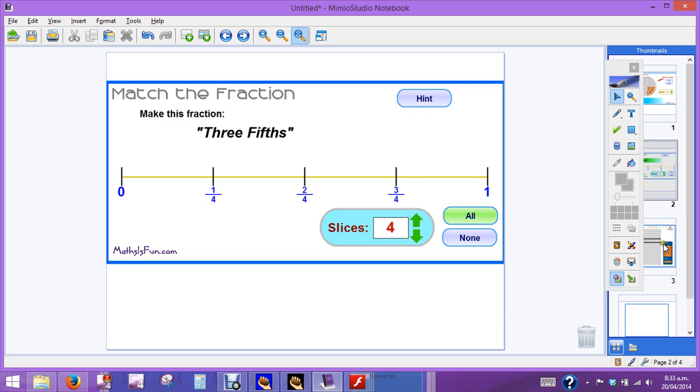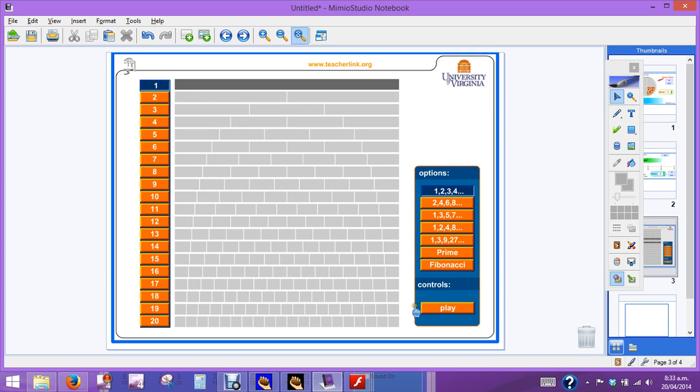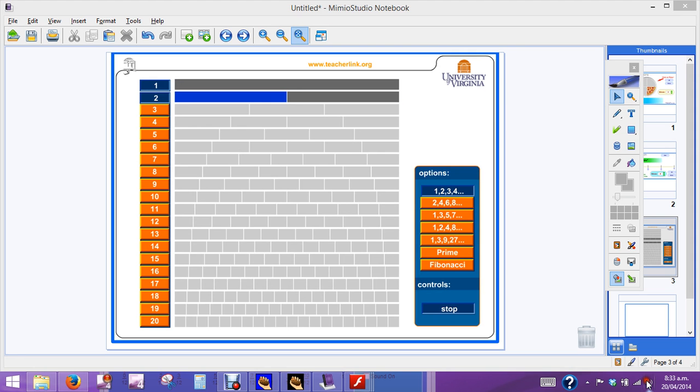Okay, just to show you another representation of fractions now. This one here is a harmony stick. So let's have a look what happens when we hit 1 and play it. And 2 pieces, so 2 pieces are half. I'm now going to hit quarters.